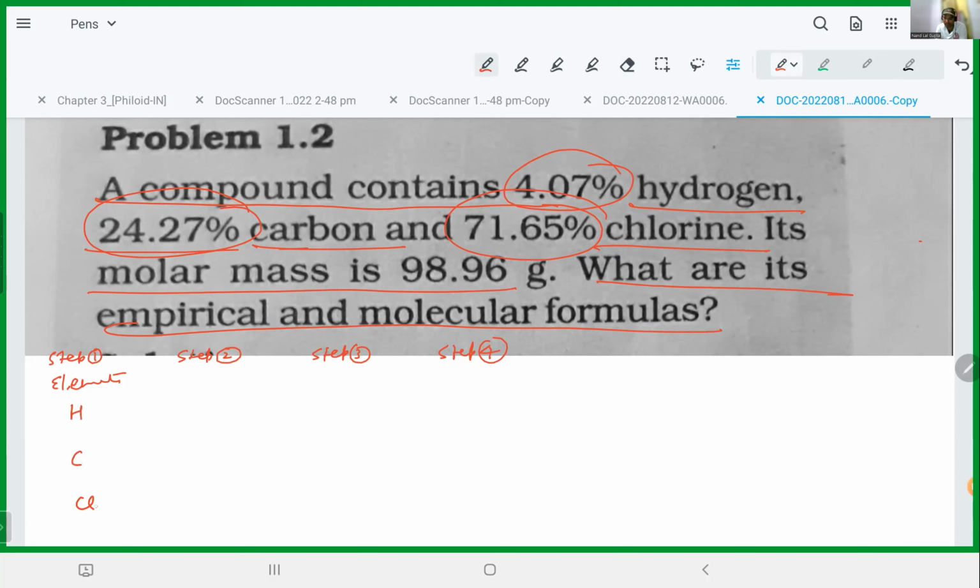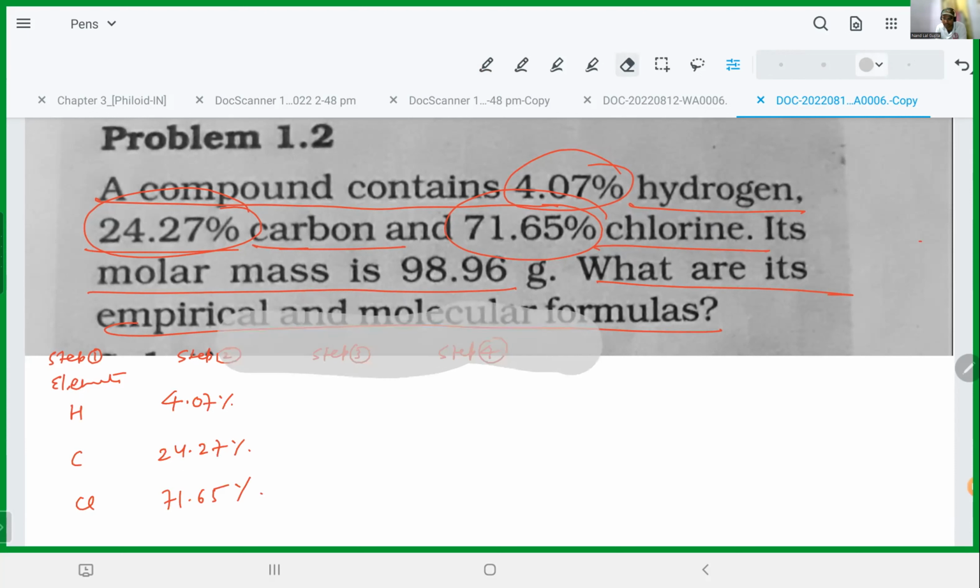Hydrogen percentage is 4.07%. Carbon is 24.27%, and chlorine is 71.65%. The second thing you write after the element is the percentage you got.